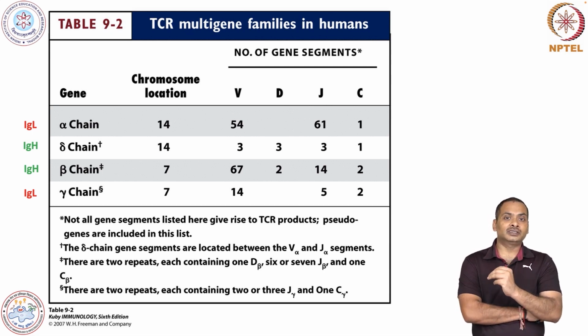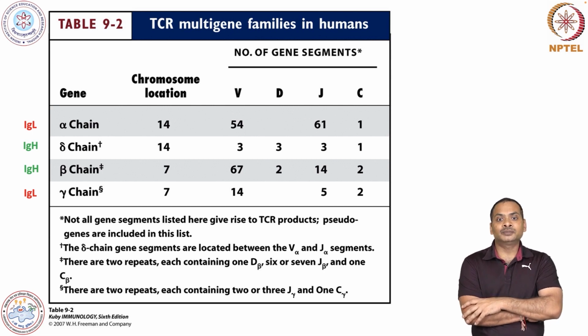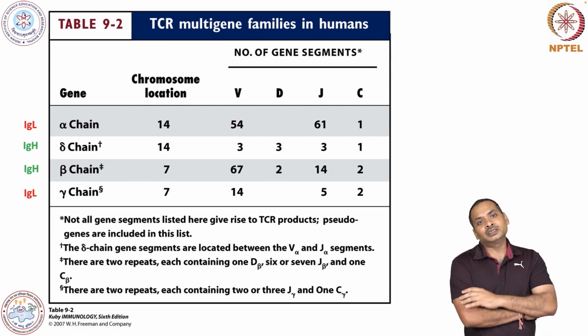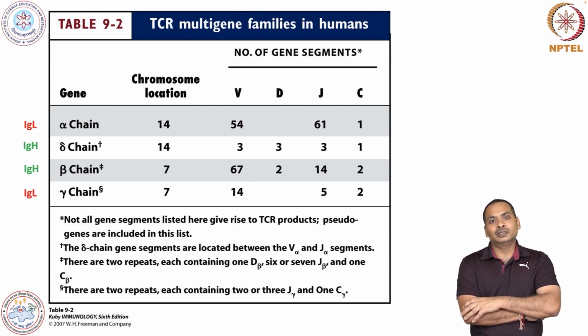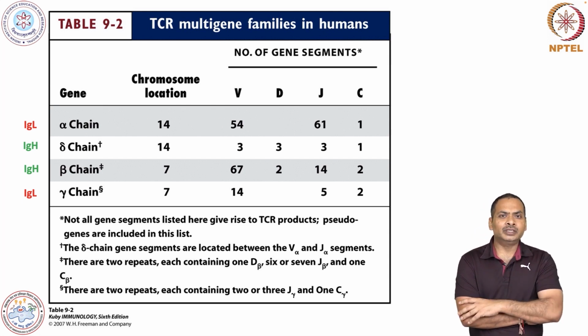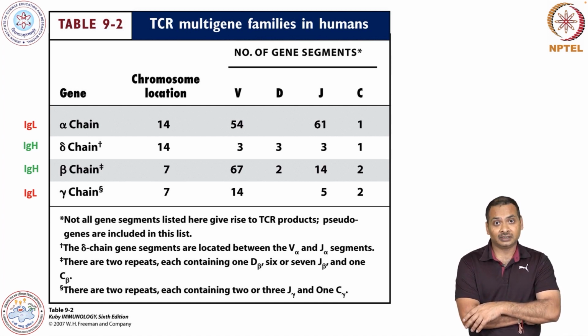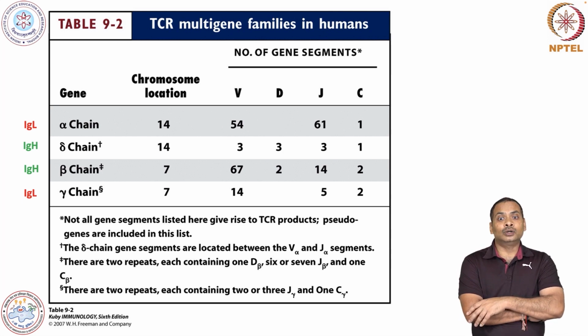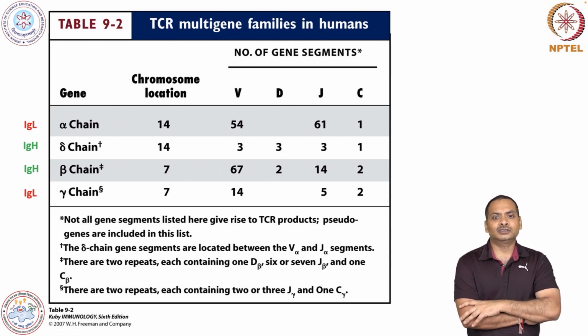So alpha is similar to the light chain of antibody. And if you remember antibody diversity, you probably remember that there is no diversity region in the case of light chain. Only the VJ region is there. Okay.